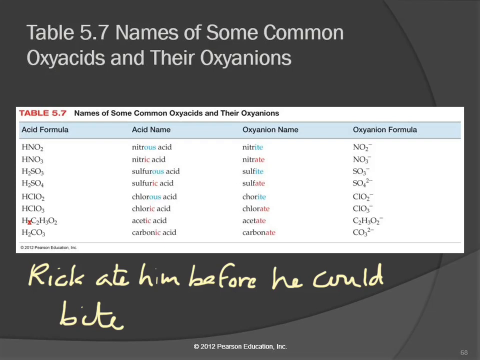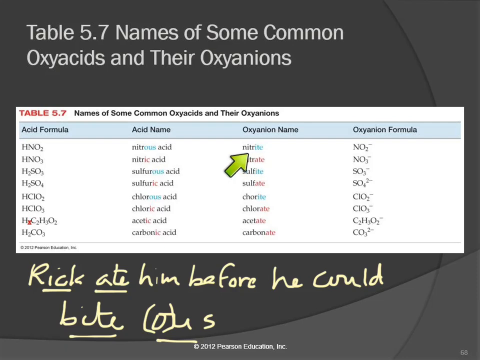He ate the cow before he could bite us. I don't even know where this sentence came from. Ick and ate go together. Rick ate, ick ate. Ite and us go together. So the sentence helps you to pair these two things.